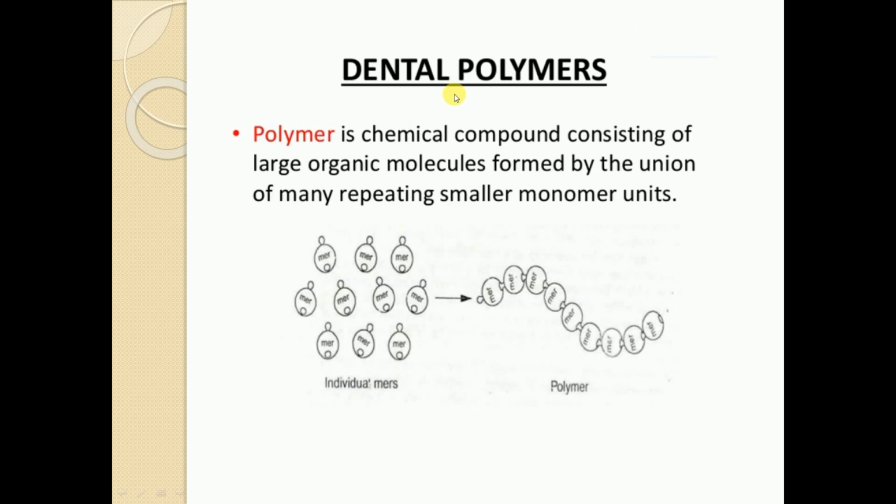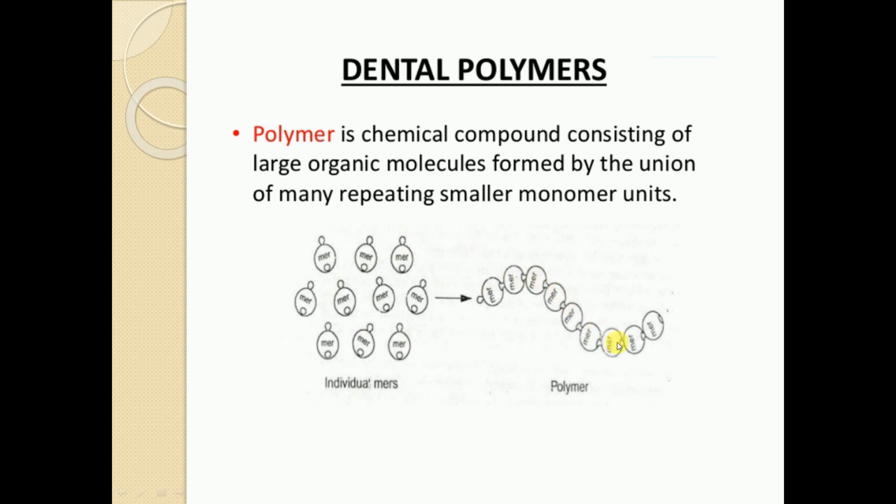So starting with dental polymers, what is a polymer? A polymer is a chemical compound consisting of large organic molecules formed by the union of many repeating smaller units, known as mer units. These are the individual mer units, and when they combine they make a chain.